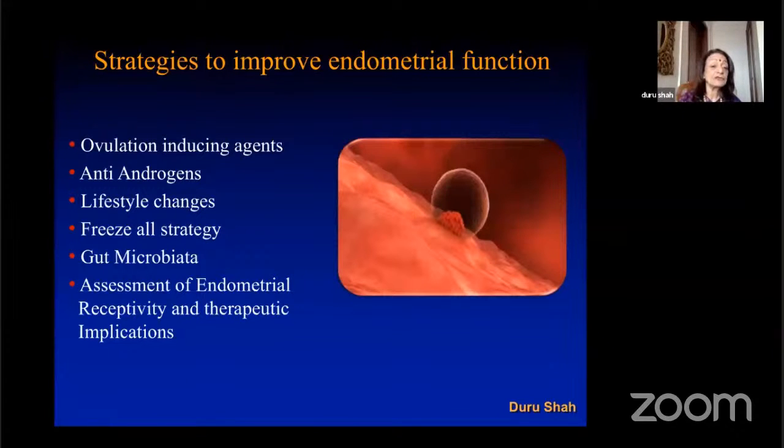We follow a freeze-all strategy in all conditions where we need to, especially when we want to do a pre-implantation genetic screening. There's a recent concept that gut microbiota affects the vaginal microbiota, and we need to assess and treat it. And the last is assessment of endometrial receptivity and the therapeutic implications.